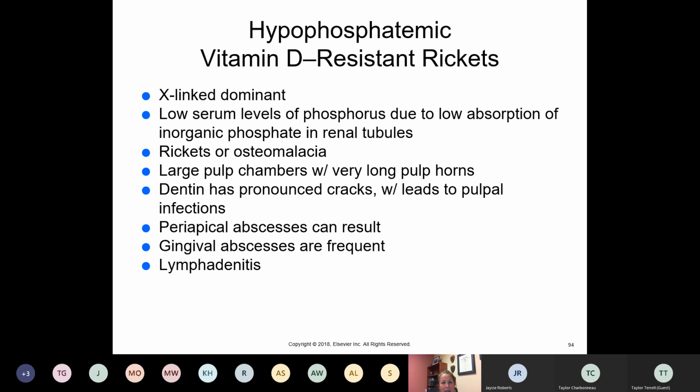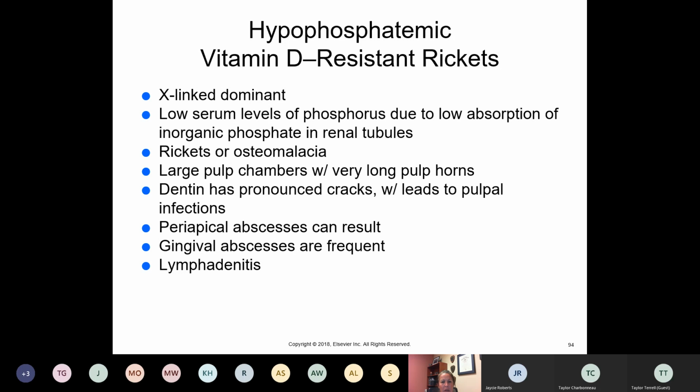So it's an X-linked dominant trait. So it would show low serum levels of phosphorus due to low absorption of the inorganic phosphate that's in our renal tubes. Rickets or osteomalacia are associated with this.